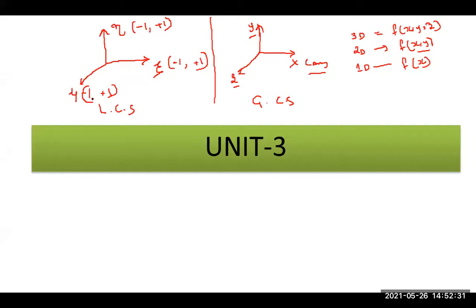This is a major advantage for the finite element method. The local coordinate systems give more advantages and reduce the complexity of the given problem.